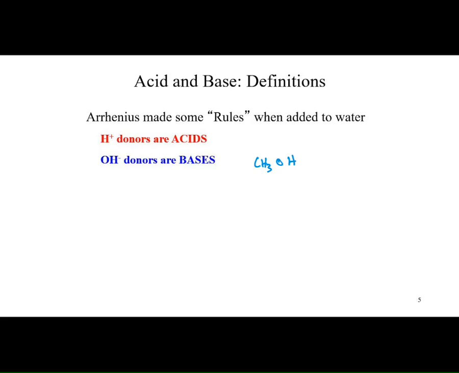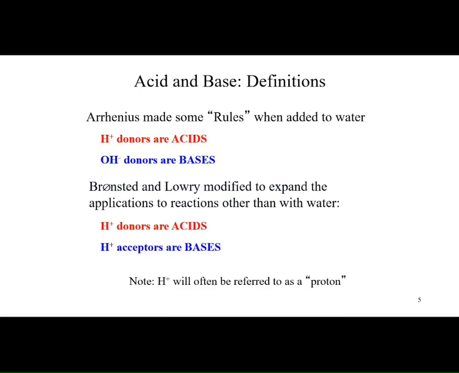That is not hydroxide out there. For it to be hydroxide, it would have to be bonded to a metal. It's not. So it's not a base according to our Arrhenius definitions. This definition, while useful, say, in reactions run in water, doesn't work so well for reactions run in organic solvents. And so someone went through and expanded that definition a little bit, and this is where we get our Bronsted-Lowry definitions of acids and bases.